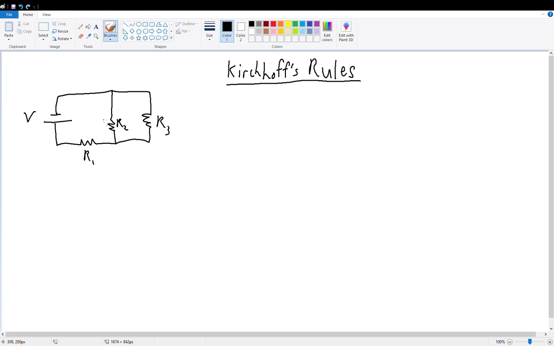Alright, so for Kirchhoff's rules, again, we have two rules. The first one is our voltage rule. Right, so there's Kirchhoff's voltage rule. What the heck is the voltage rule? Well, it's a statement on, well, voltage. Clearly. The key here is when we go around one complete loop, the total voltage additions and subtractions that we experience must be zero.